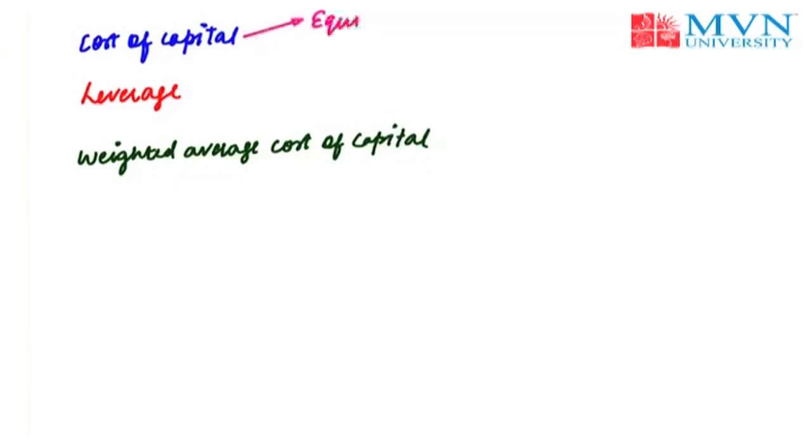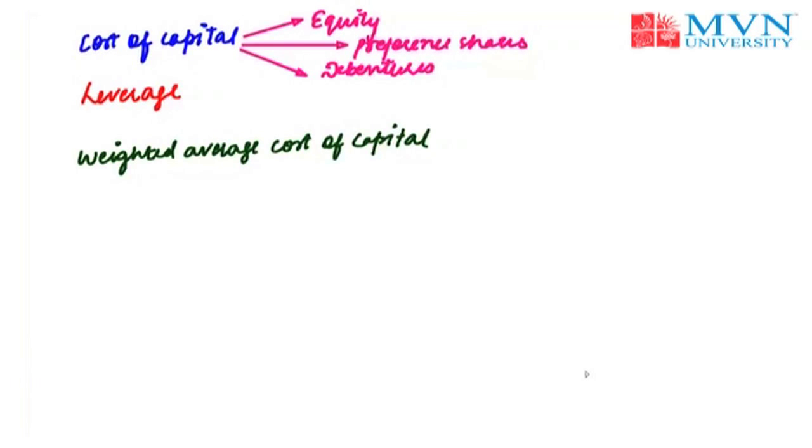Number one is equity, number two is preference shares, and the third one is debentures. Whenever an investor lends money to the firm, either by investing in equity shares or debentures or preference shares, he expects something in return from his investment. And that same minimum required rate of return becomes the cost of capital for a firm.